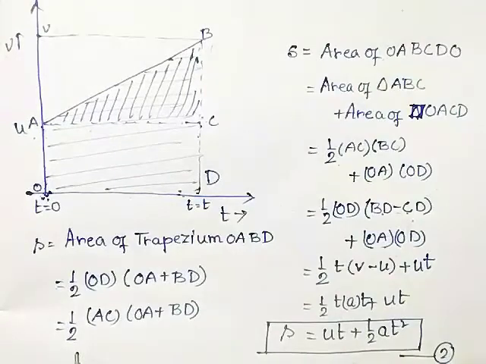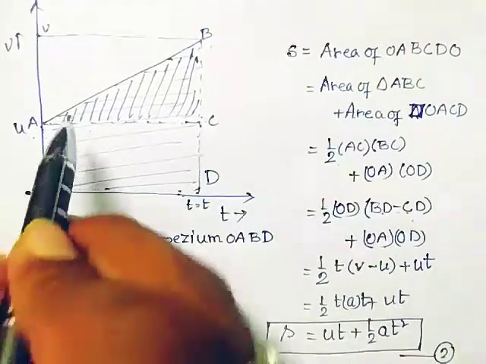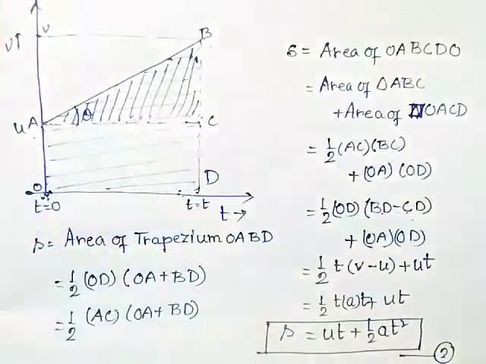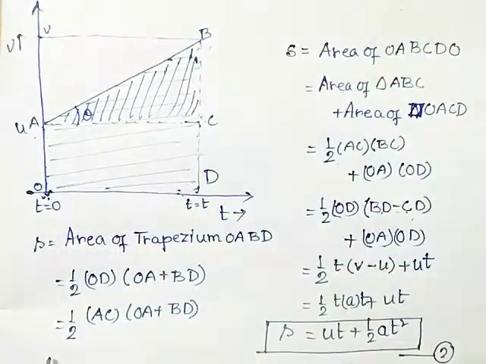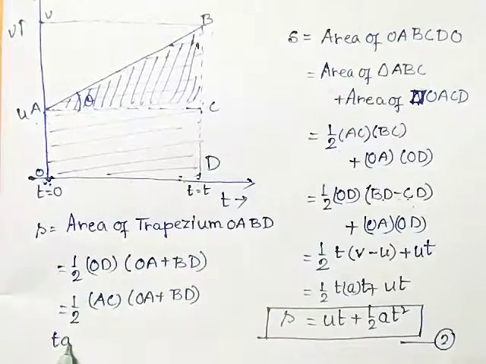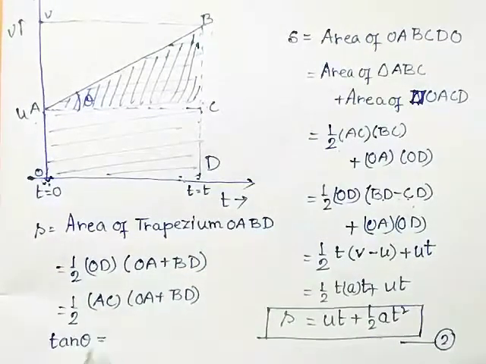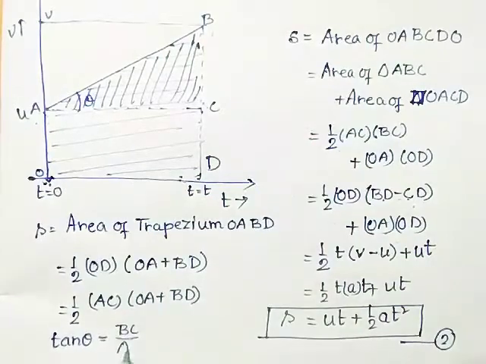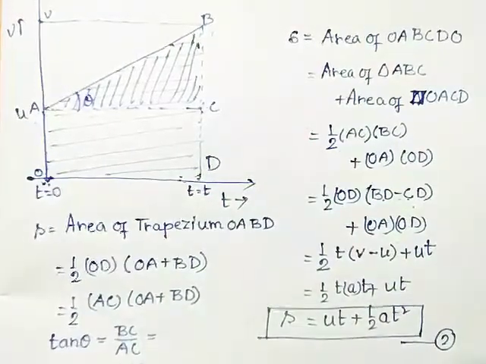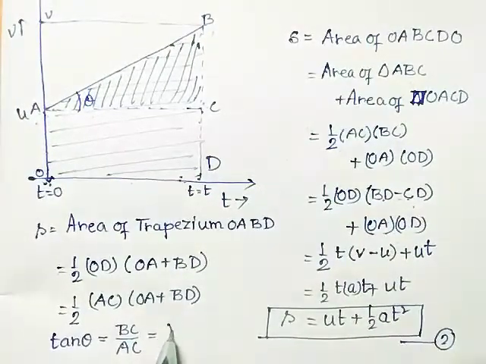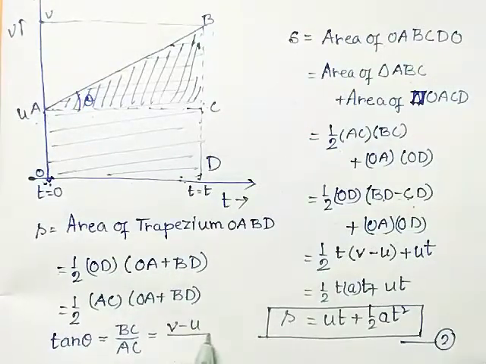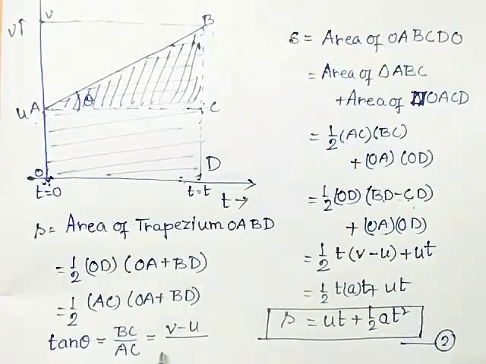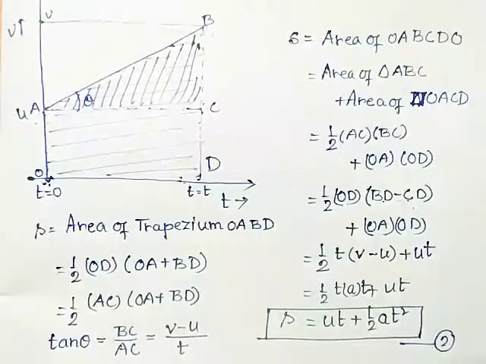If I want to calculate the slope for the total time interval, just like here, if I say it is theta, then we can say that tan theta equals BC divided by AC. So BC equals V minus U, and AC equals time.